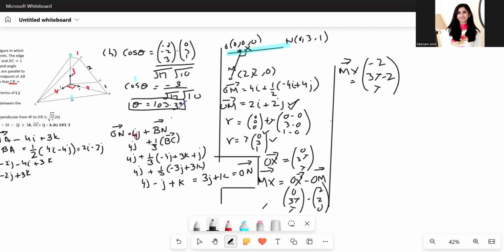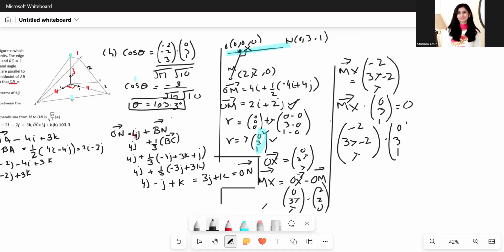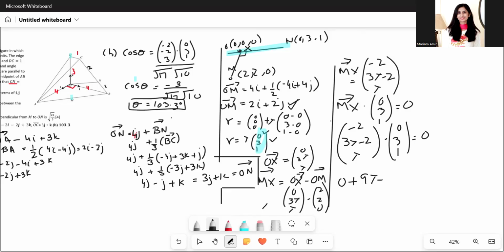That is MX. Okay, now the dot product between MX and the direction of this line 0, 3, 1 would be equal to 0. So minus 2, 3 lambda minus 2, and lambda dot product with this equals 0. So we get 0 plus 9 lambda minus 6 plus lambda is equal to 0. We're getting 10 lambda equals 6. We're getting lambda is equal to 3 by 5.